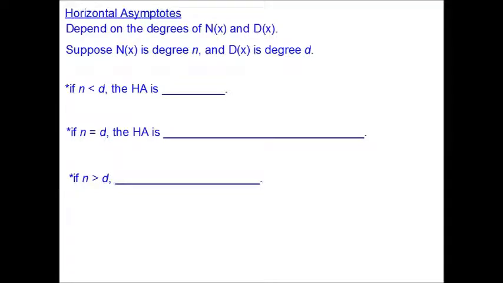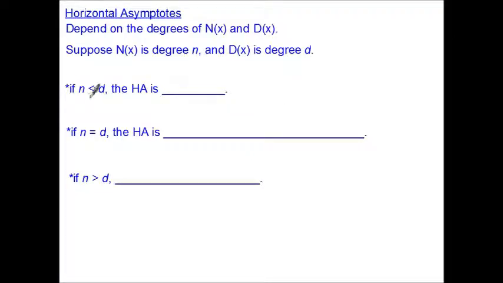Moving on from vertical asymptotes, we find ourselves looking at horizontal asymptotes. Again, asymptotes are boundary lines, and the horizontal asymptotes are going to depend on the degrees. This will come into play as we do some examples a little better than what I'm going to say now, but please bear with me and we'll get to them when we get to them. Suppose that n of x is degree n, using a lowercase to correspond to that, and my denominator's polynomial is degree d.